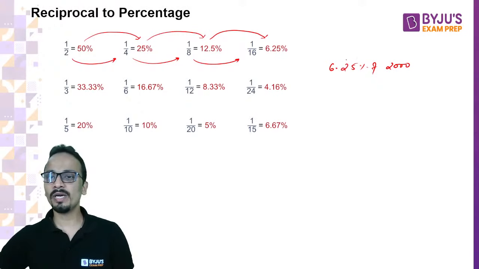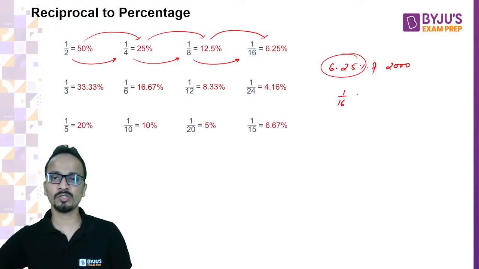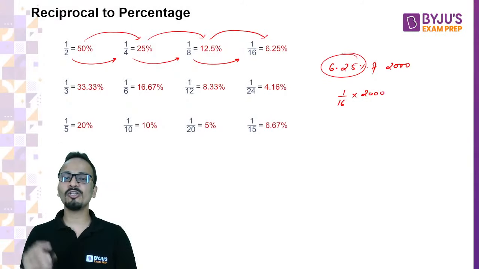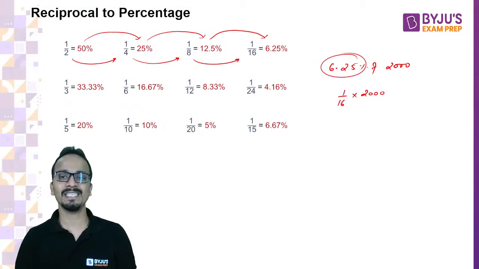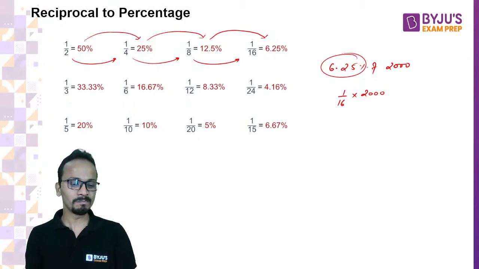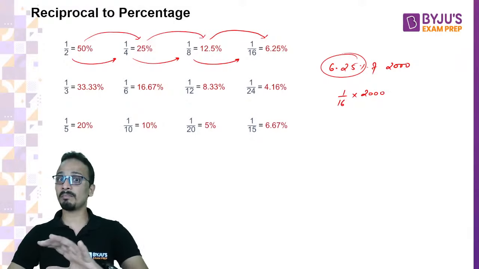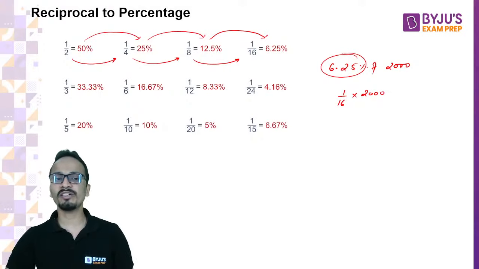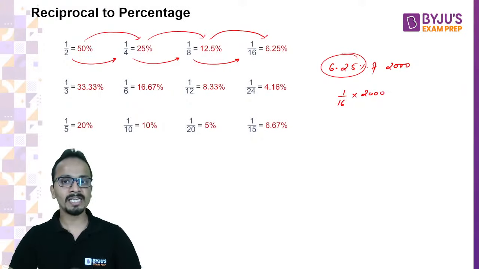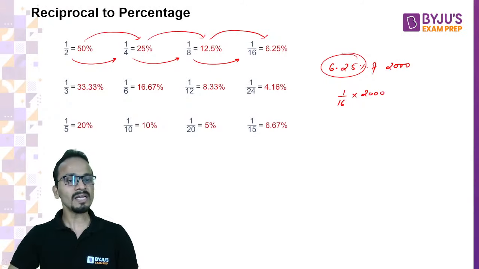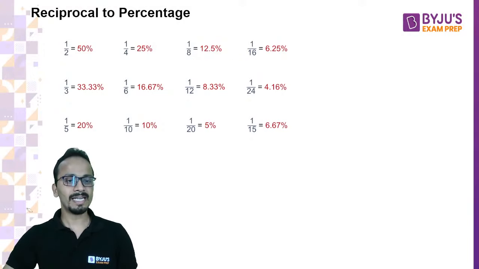But if I convert this 6.25% into its fractional equivalent, which is 1 by 16, the calculation has become a little easier. It looks easier. So we can save plenty of time by converting percentages into their fractional equivalents and solving them with a lower amount of error. Right, now let's move on to the next part, the next line.